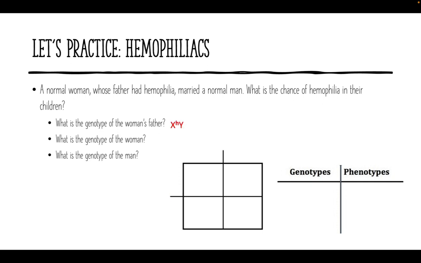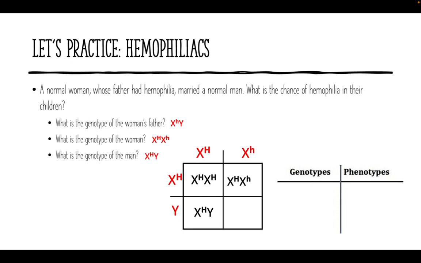So the woman would be heterozygous, a carrier for hemophilia. She has one capital H and one lowercase h, and the man is normal, which means he just has one capital H on his X and a Y.